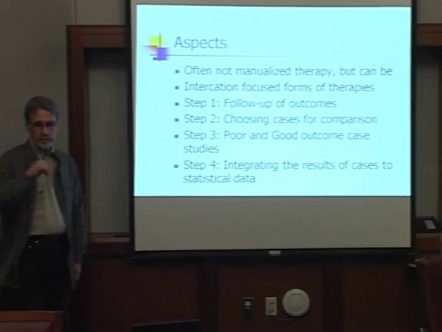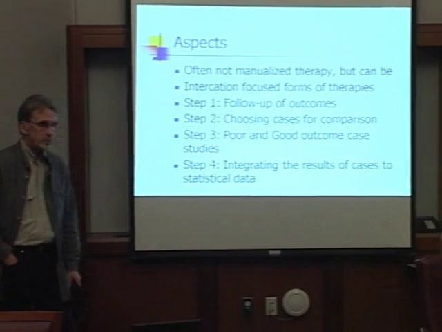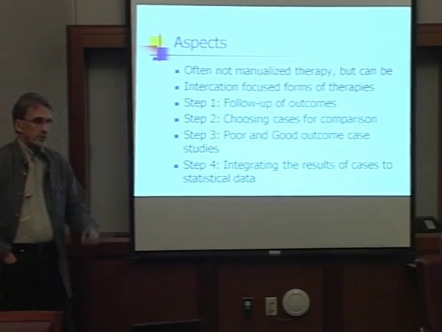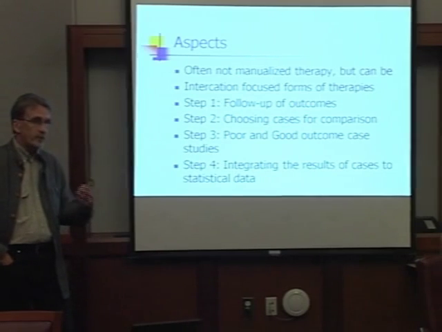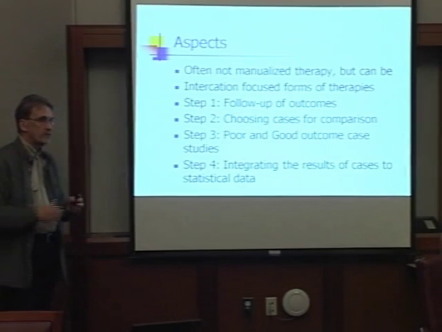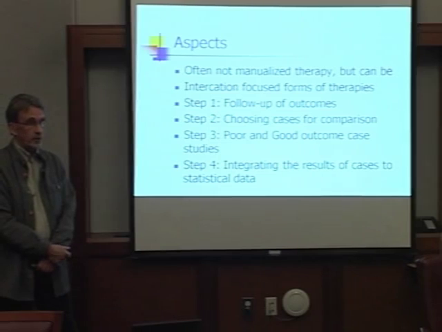But the first step is to make a design that has a follow-up of the outcomes. Of course, the follow-up time depends on what is realistic for us, but usually 1 year, 1.5 years or 2 years already gives a very good idea of what happens. For instance, I've done a lot of research in psychosis, the longest period being a 5-year follow-up.